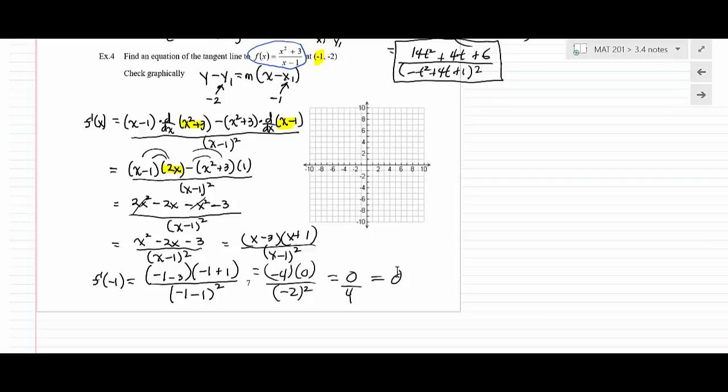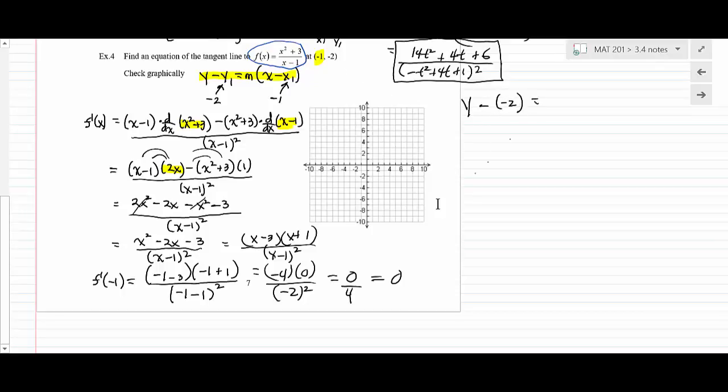So what I'm doing is I get the derivative, then I plug it in. You could plug it in on the unfactored form too if you didn't see the factor; you'll still get the same answer. Now we're ready to finish up this problem. I go to my formula, and I have y minus negative 2.